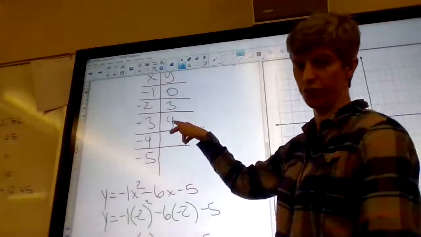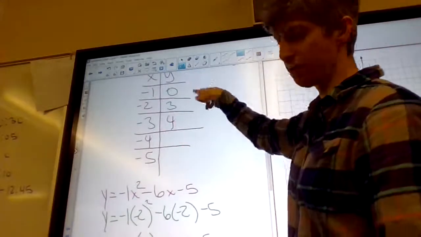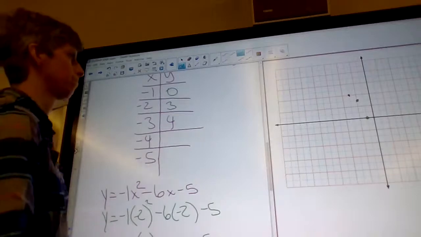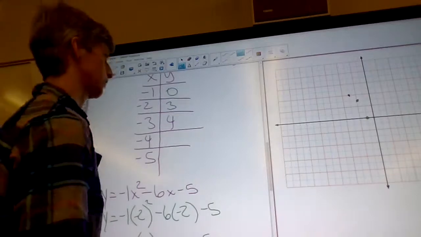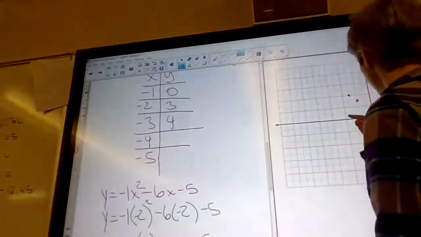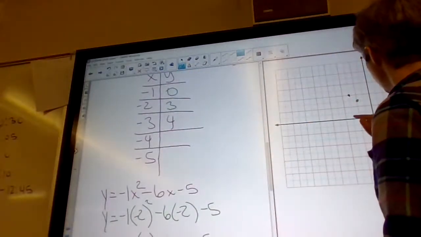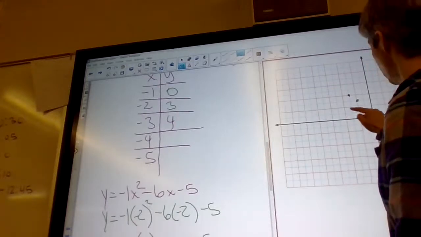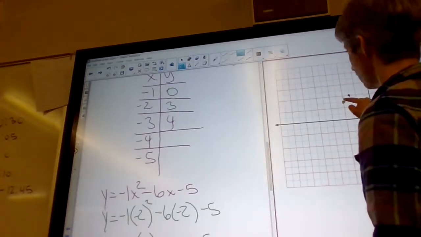Now, these other 2 points should be the exact same numbers as the ones we just found. I need to match them up. So obviously, at negative 4, I can't have a 0, so I should have a 3 because it should match up with the other one.